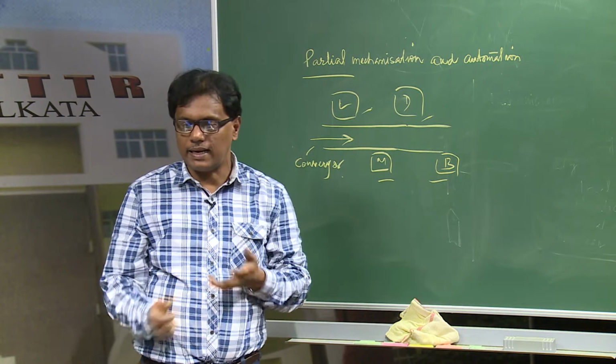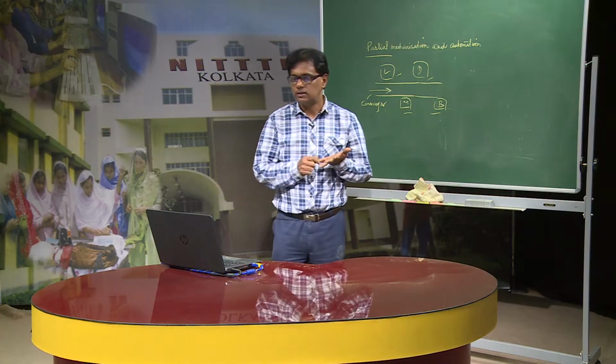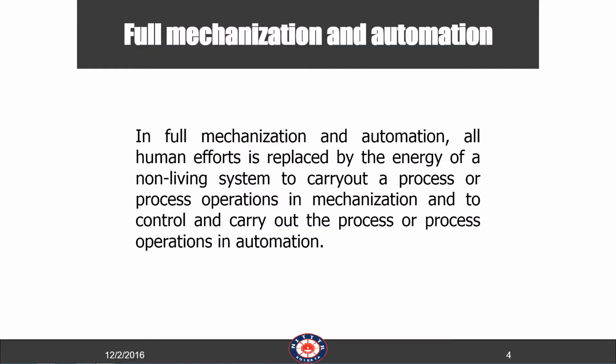That means here a part of human energy is replaced by that of a non-living system to carry out a process or process operation, excluding control, both in mechanization and automation. As I told you, in full mechanization and automation, every operation is controlled by non-living sources of energy.